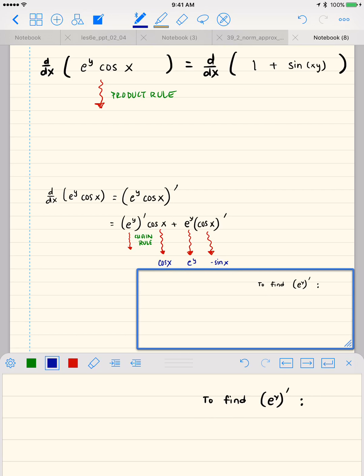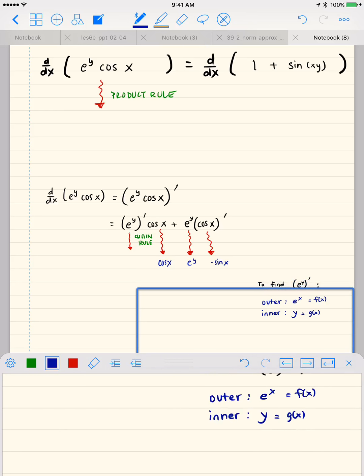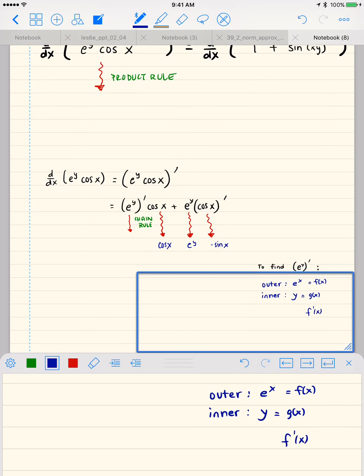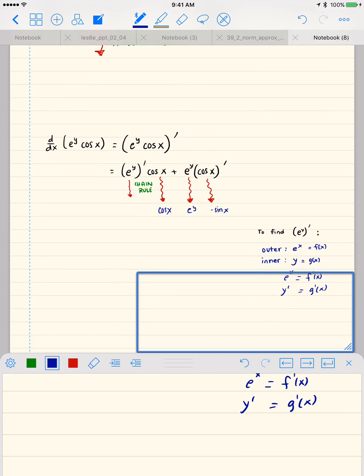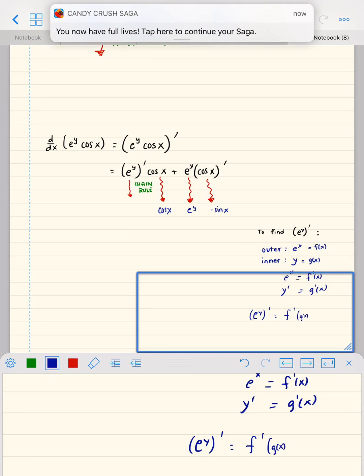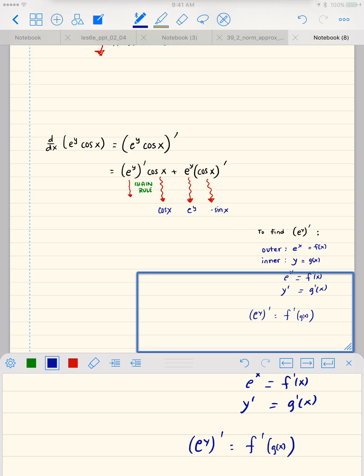Our outer is e to the x, inner is y. So f of x is our outer, g of x is our inner, f prime of x is e to the x, g prime of x is y prime. So e to the y prime is f prime of g of x times g prime of x.